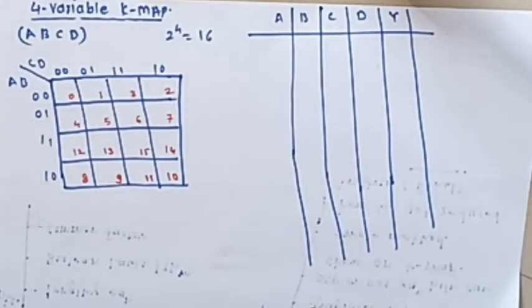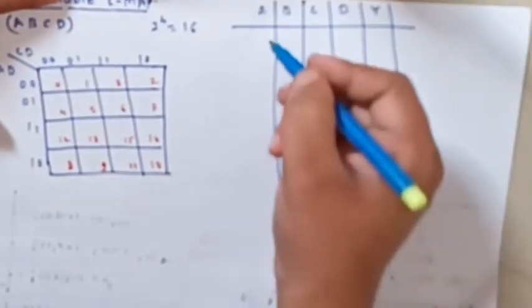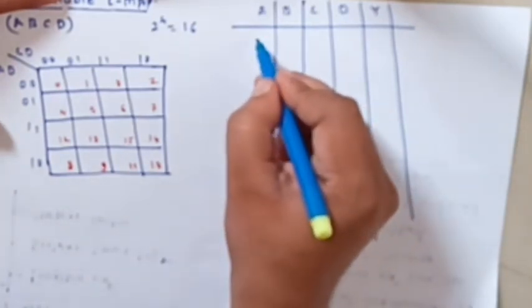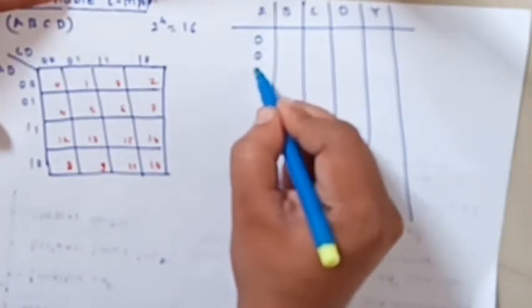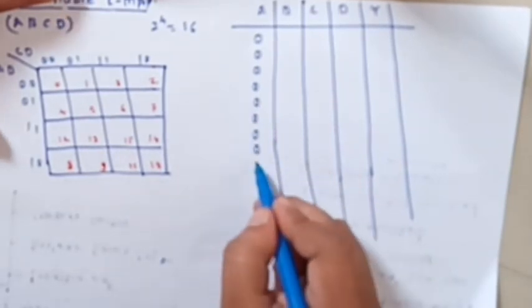Total 16. So as 16 cases are there, you have to follow the sequence like 8 times 0 and 8 times 1.